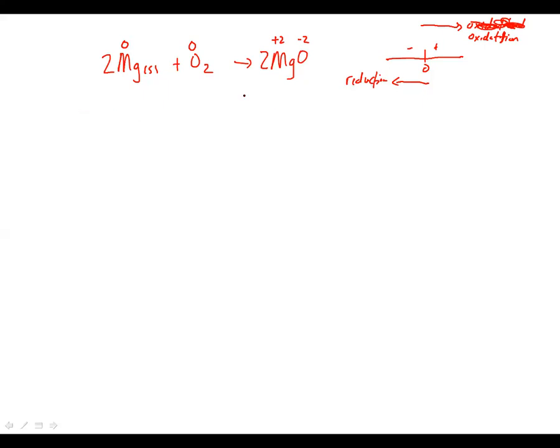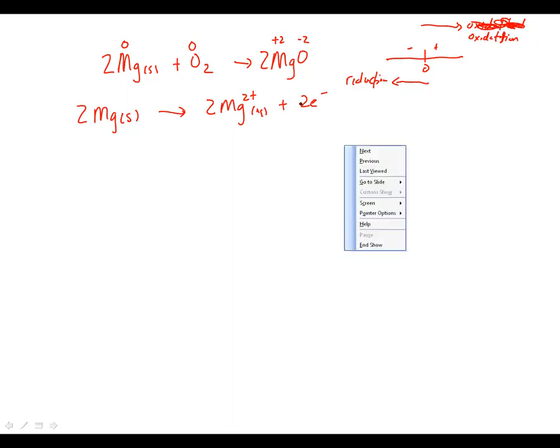So we have our two magnesiums, which are going through oxidation, going to Mg2+, and also our 2 electrons each, which means that we will actually end up with 4 electrons.